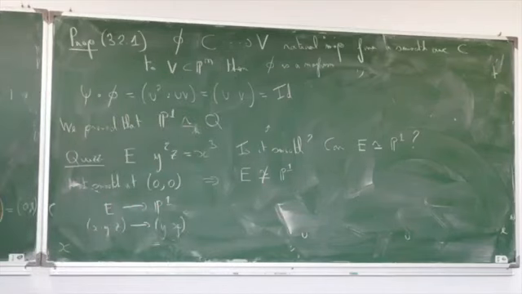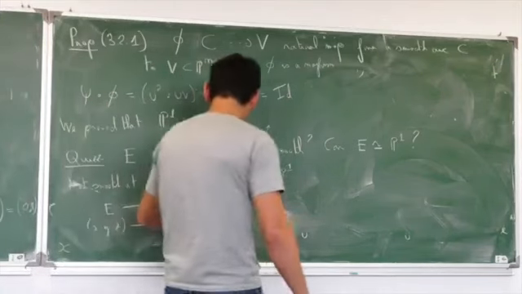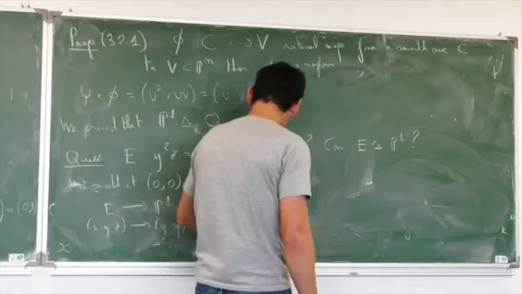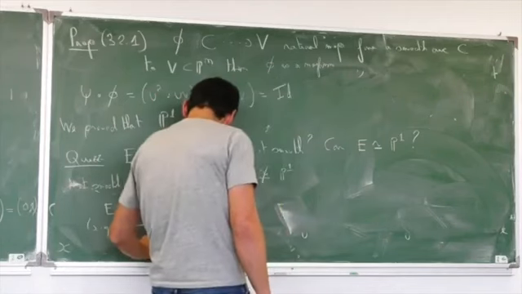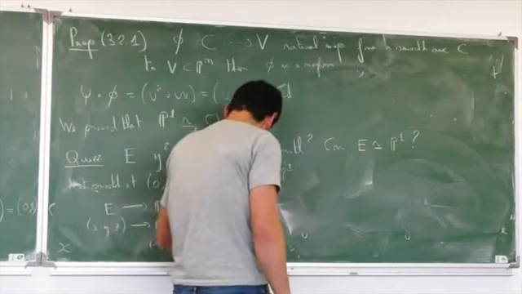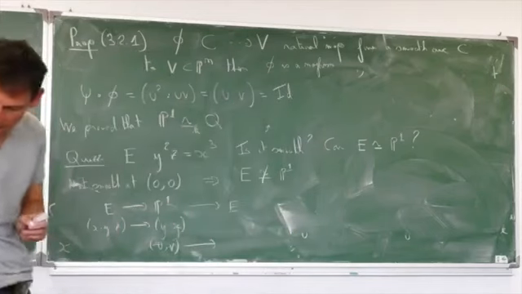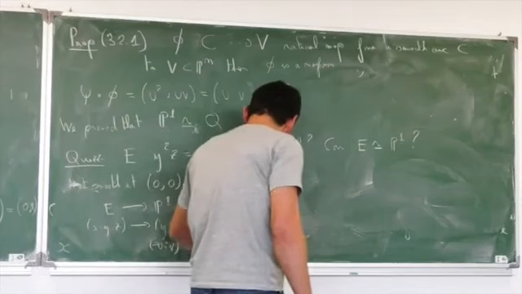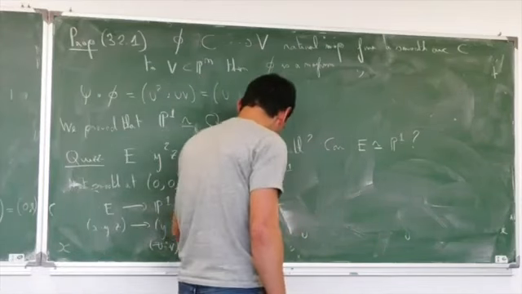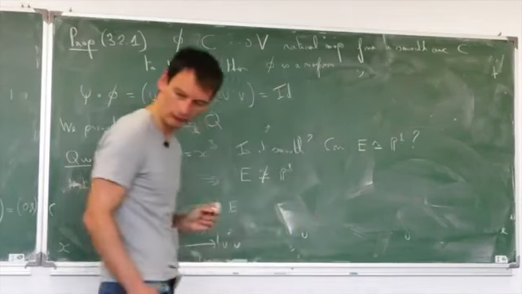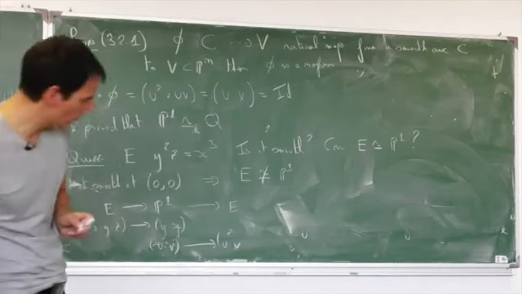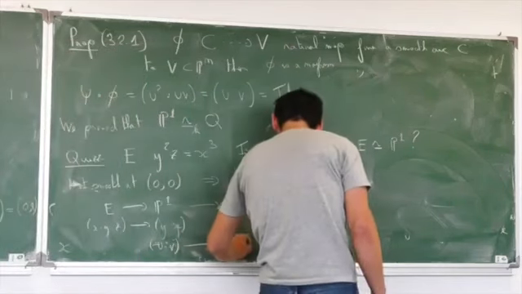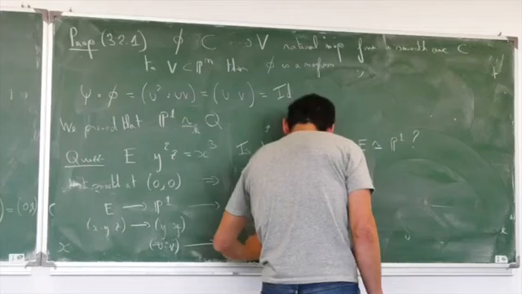And then I'm going to take a map from P1 to E, which at (u, v) maps to (u squared v, u cubed, v cubed).